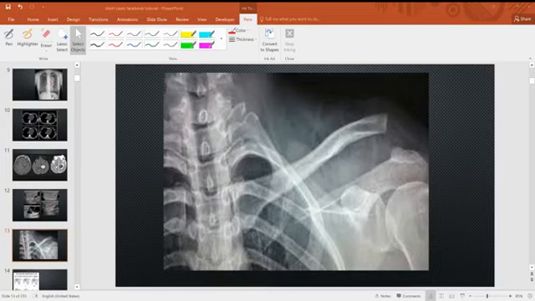Someone said it is acromioclavicular separation. Someone said dislocation, acromioclavicular dislocation, actinomycosis. Okay.